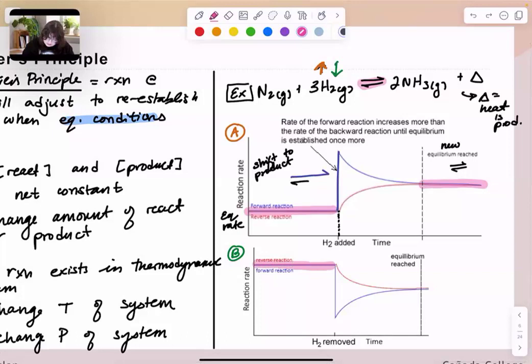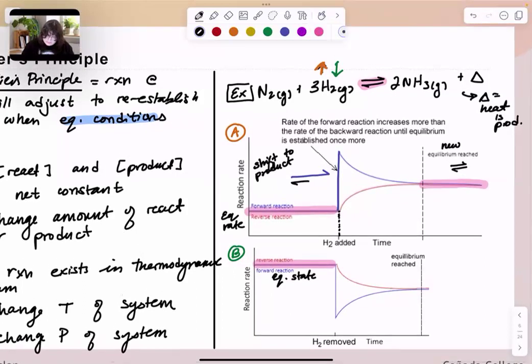So we've got here a state of equilibrium. This is our initial equilibrium state. And then the forward reaction is going to drop significantly or be much slower than the rate of the reverse reaction.